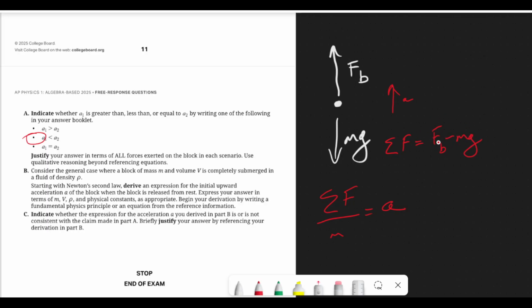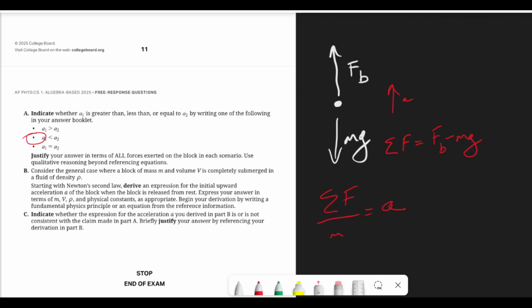I write it this way because this allows me to manage my signs. I make the direction of my acceleration positive, and the forces that are opposite my direction of acceleration, I make my negative direction.